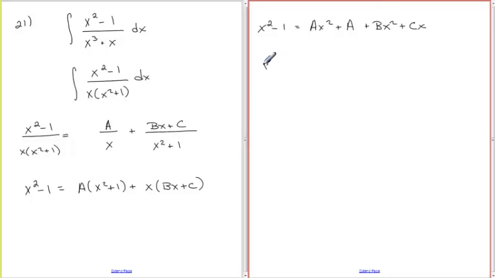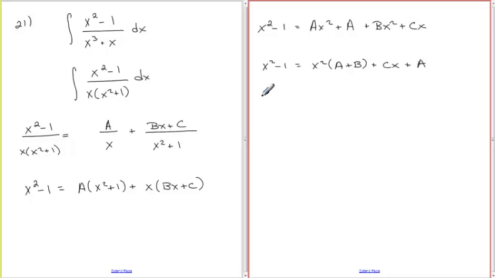Now we're going to group them according to their variable. So we have x squared and we have x squared. So we get x squared times a plus b. Now we're going to pull out the other parts, which are the variables. We only have 1 term that involves x, and we only have 1 term that involves a constant.